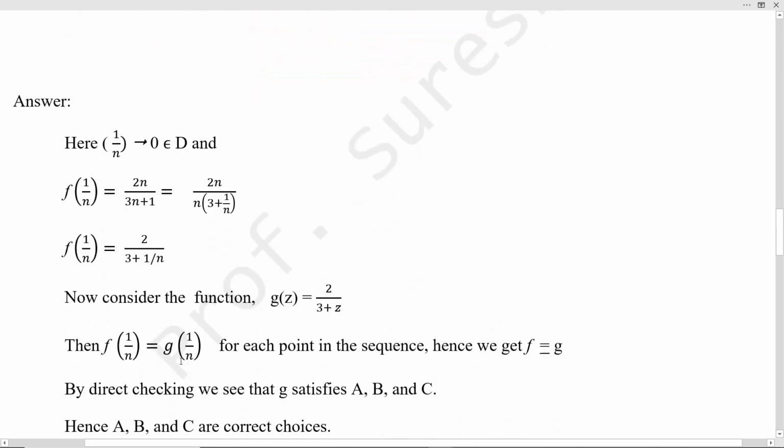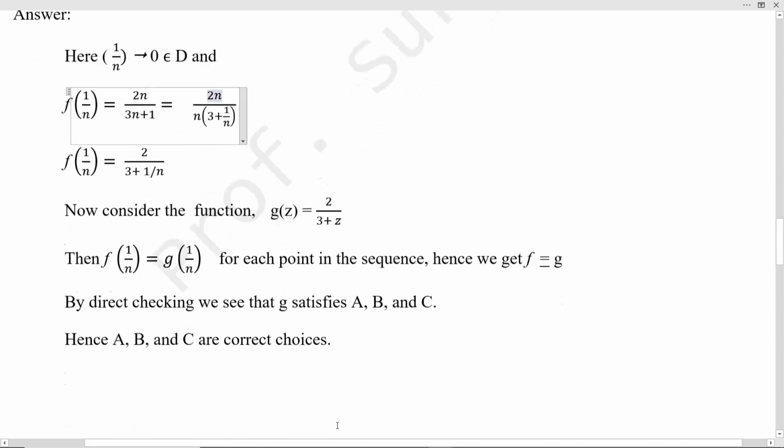So here we are using the identity theorems. Check: 1 by n tends to 0, and that 0 is in D, that is the open disk. And f of 1 by n is given. Take this n outside; this n can be cancelled. So the remaining value is 2 by 3 plus 1 by n.